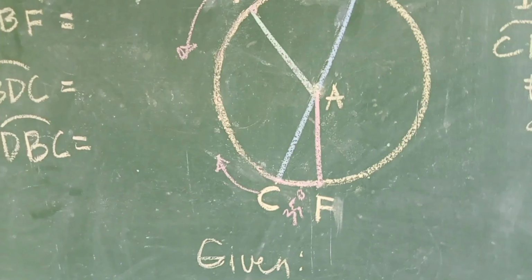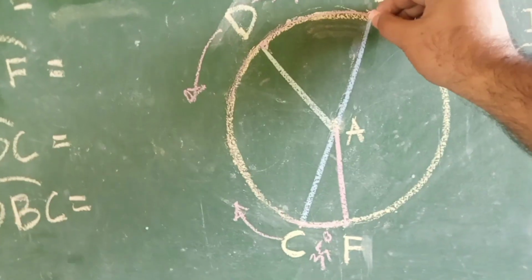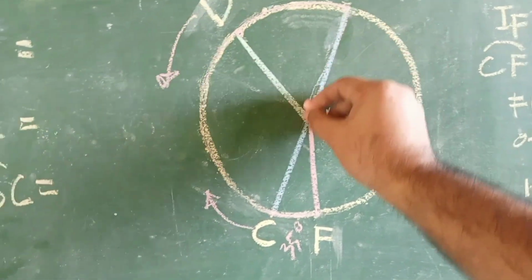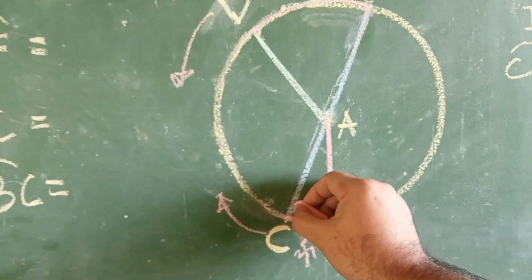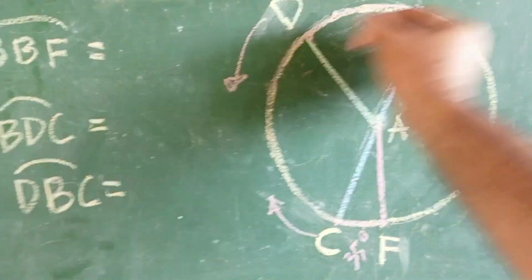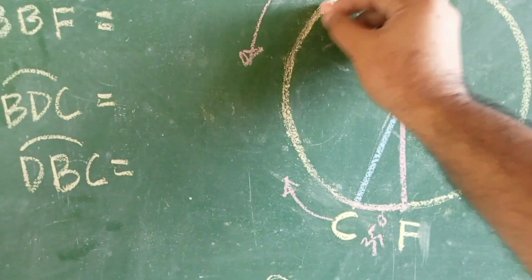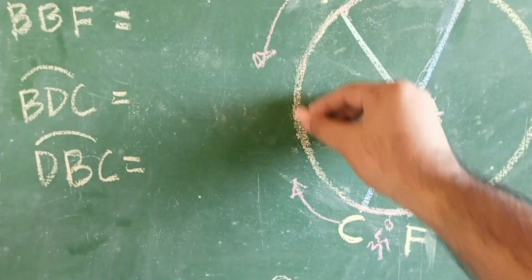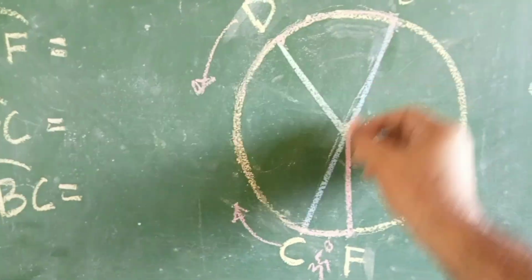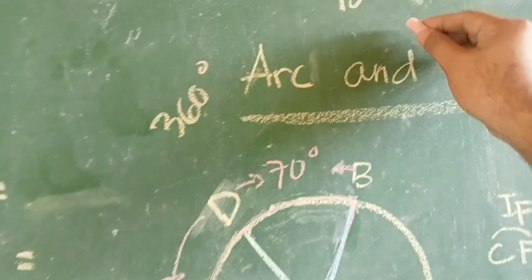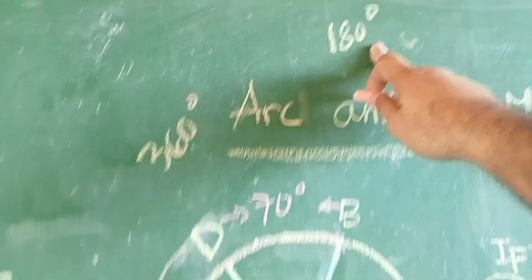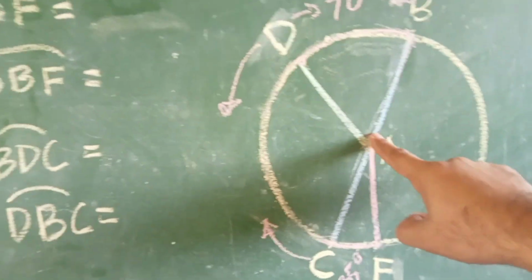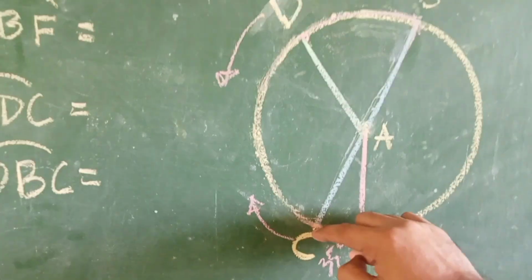Okay, so take note, remember class, that the diameter, this line, divides the circle into two equal halves. So it means that this portion here, from point B up to here, is exactly 1/2 of the circle, and that is equivalent to 180 degrees. So how to get the value of arc CD?